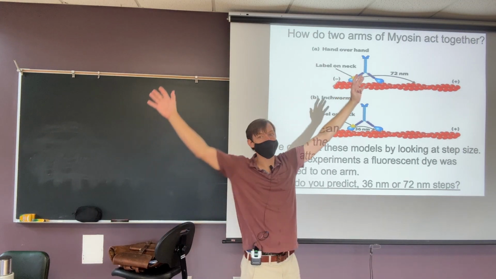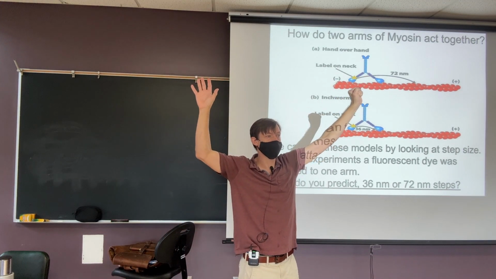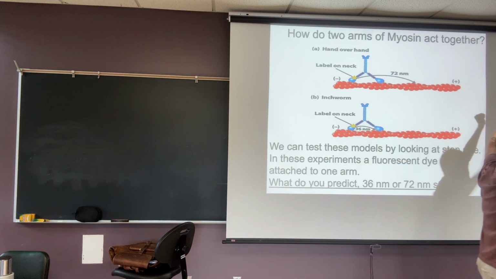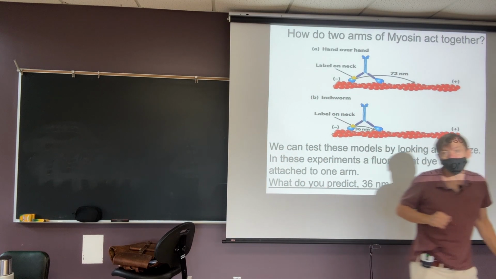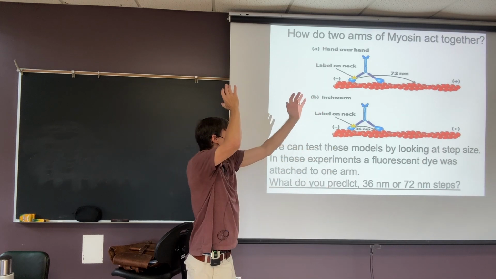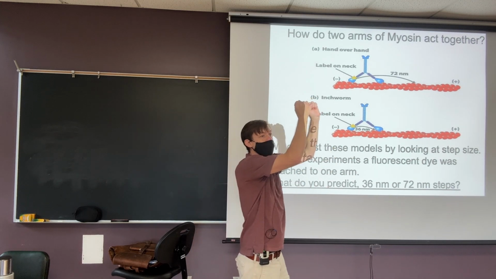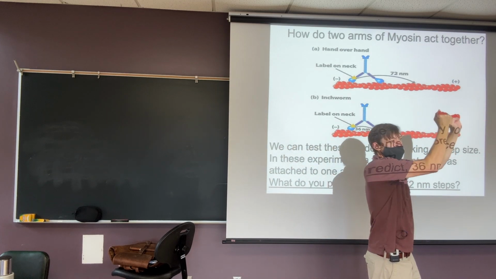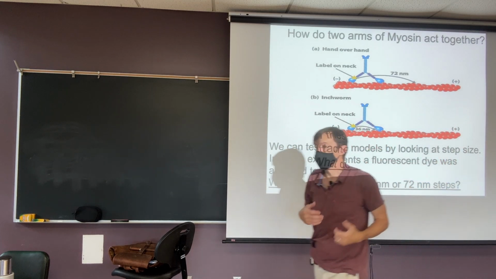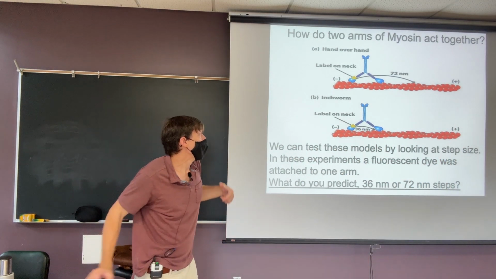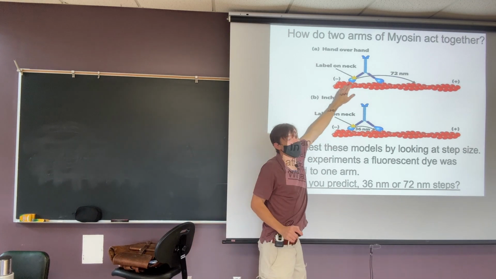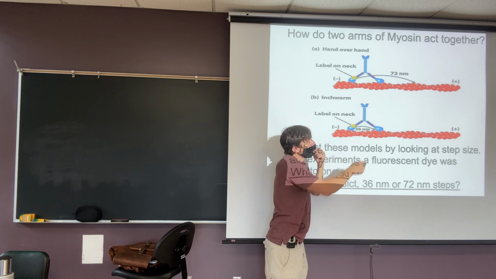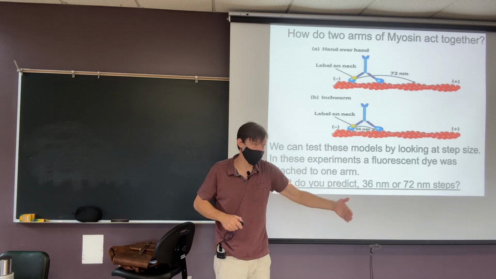The myosin is going like that, back and forth. And then there's also this inchworm model where it slides and then moves forward, slides, moves forward. So those were two original models, and they make very different predictions about how far things are going to move out of step.